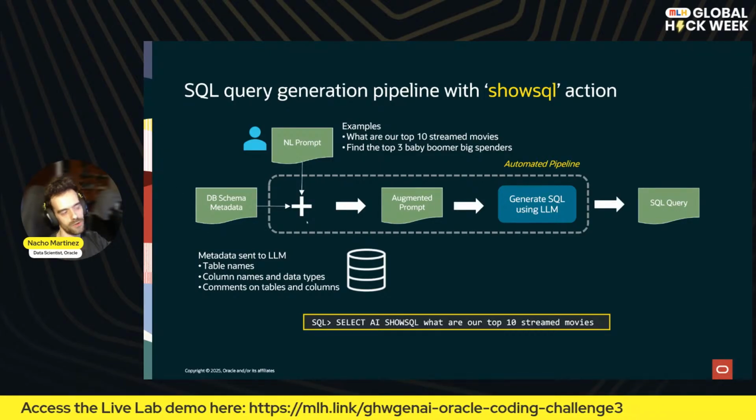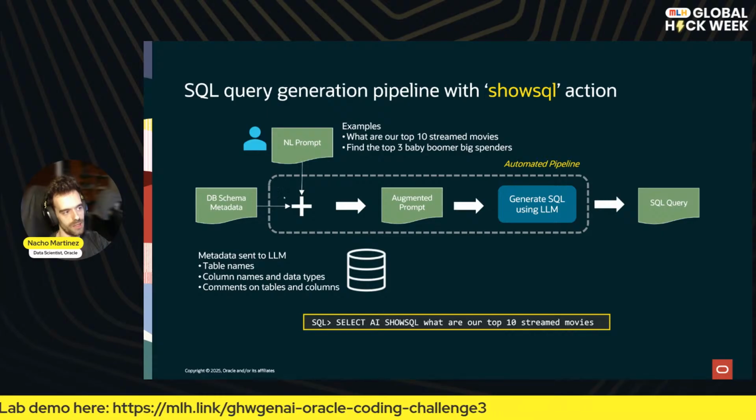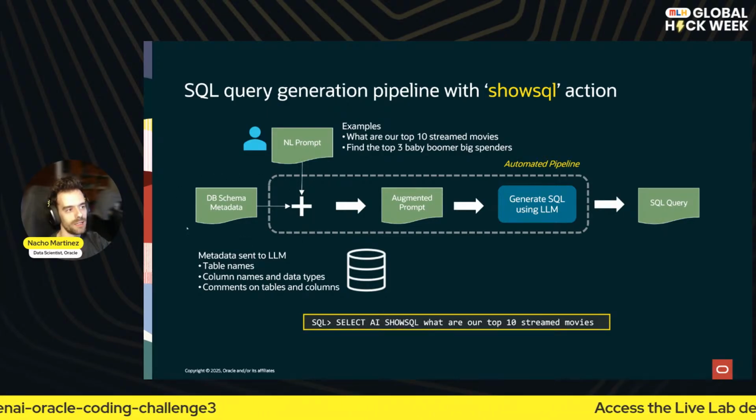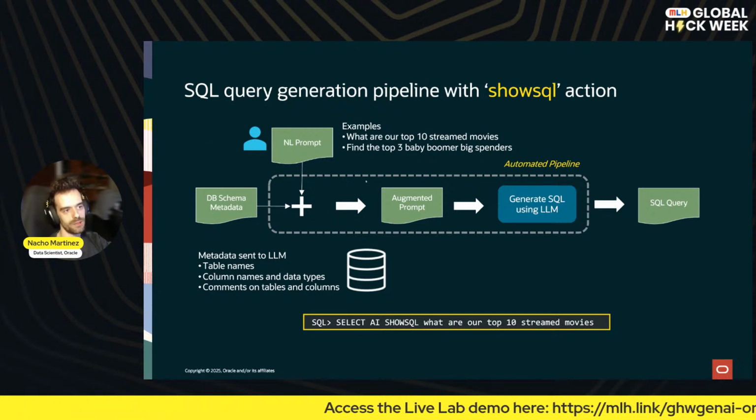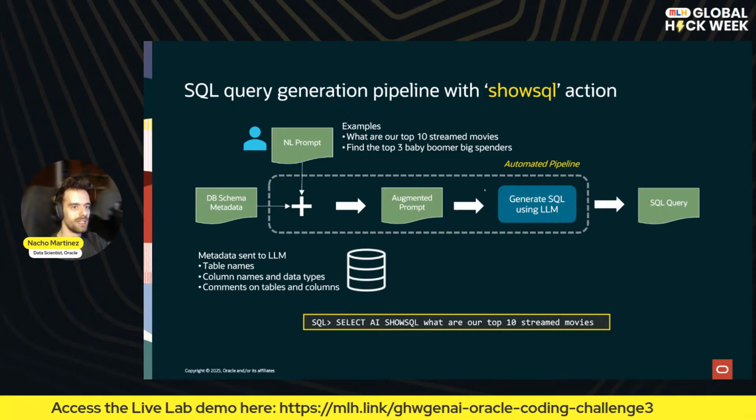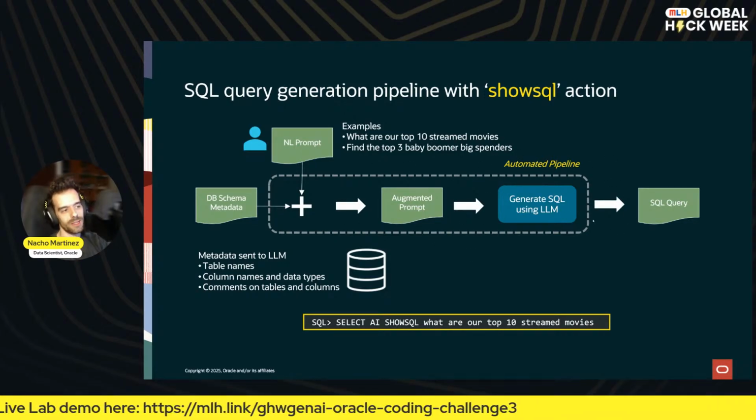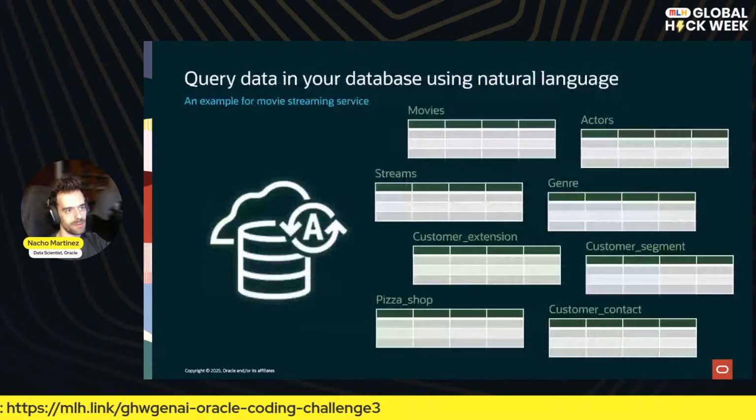And of course, you have to stay consistent with the database schema, but as long as you're doing something that makes sense, the generations are actually going to work. So this generates an augmented prompt, and this augmented prompt will actually yield you the SQL that you can then run to solve your problems, right?